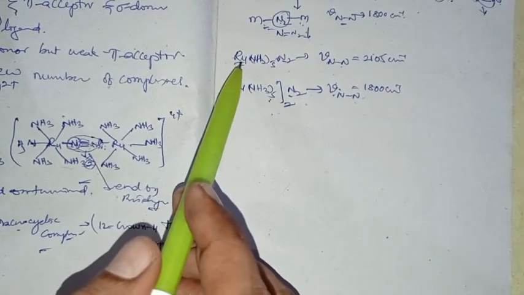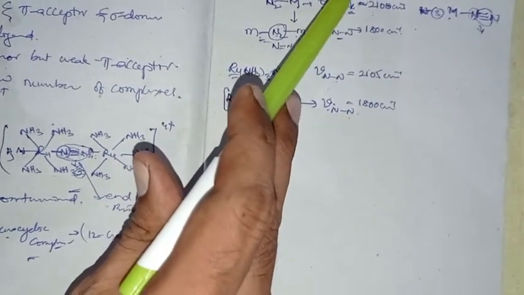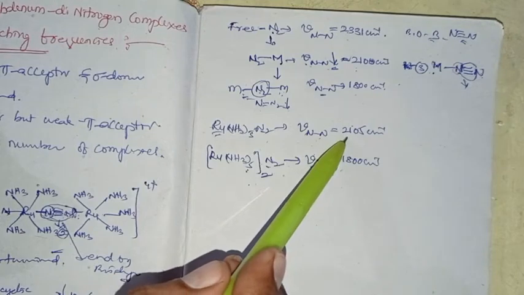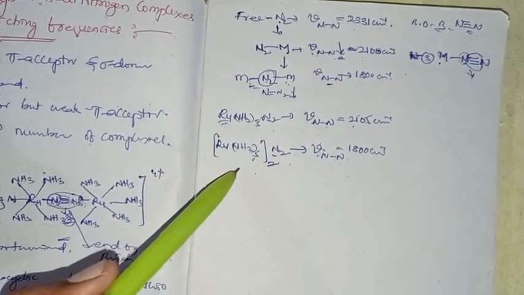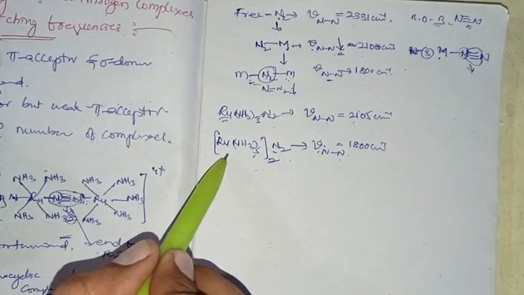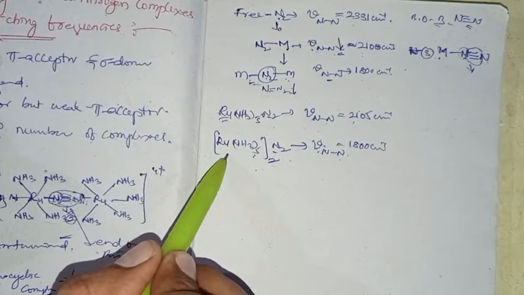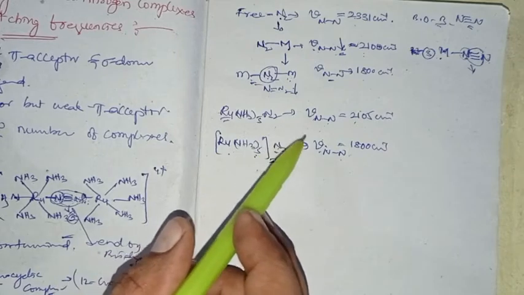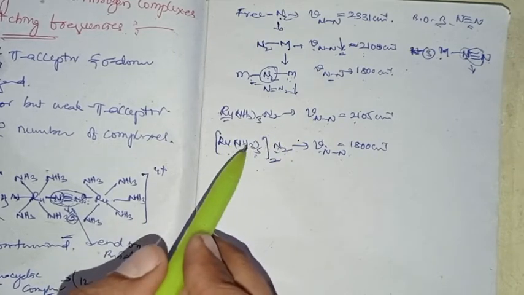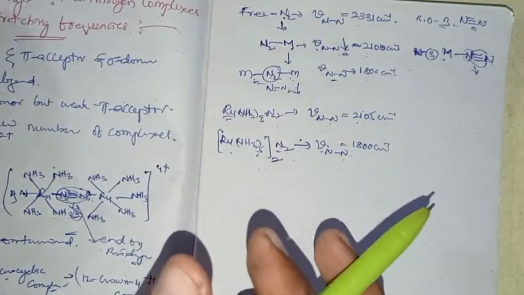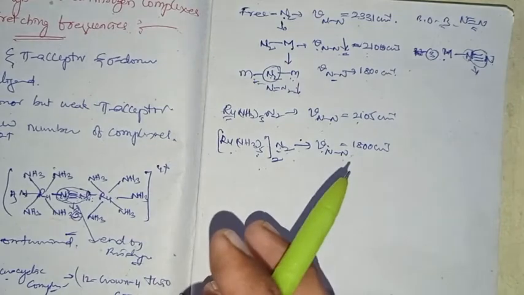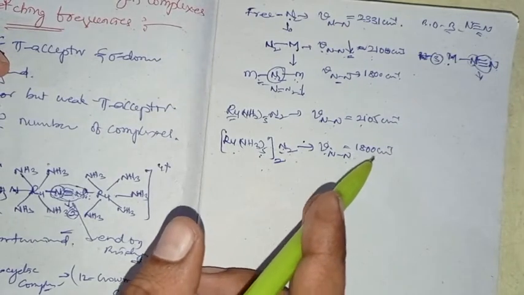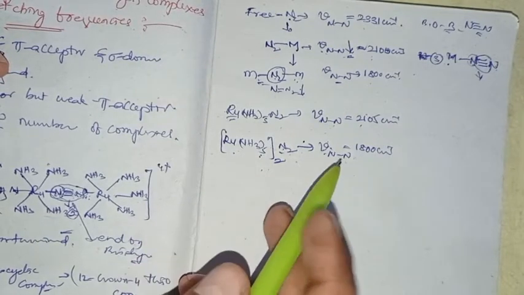In simple complexes, the frequency decreases from free nitrogen to single metal complexes, and it decreases further in dimetal dinitrogen complexes, because dimetal dinitrogen complexes have bridging, and the two nitrogen sides of dinitrogen bind with two metal sides, thus decreasing the nitrogen bond order to a very extreme extent. So the decrease in the nitrogen to nitrogen stretching frequency is extreme.